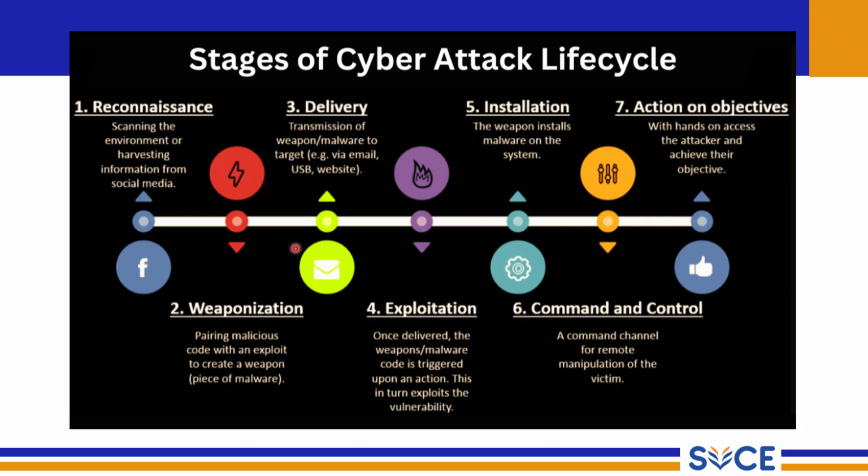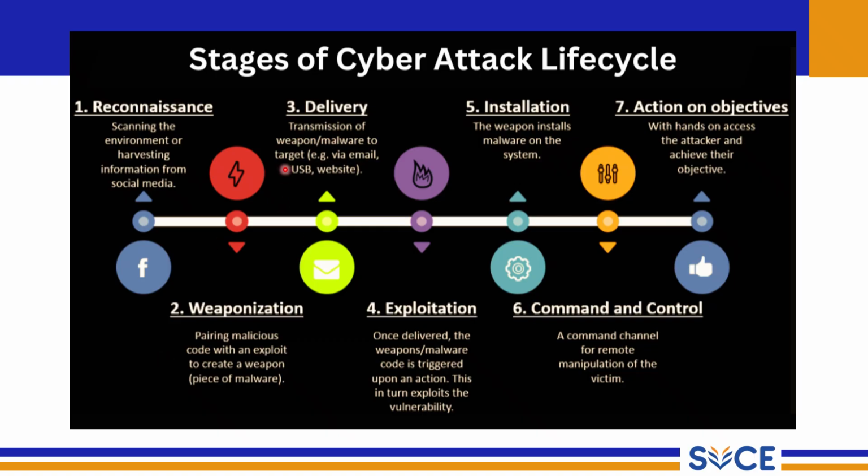Reconnaissance is where we scan the environment or harvest information from social media. In short form, I'm just scripting it out. In weaponization, malicious code is paired with an exploit to create a weapon, that is, a piece of malware.